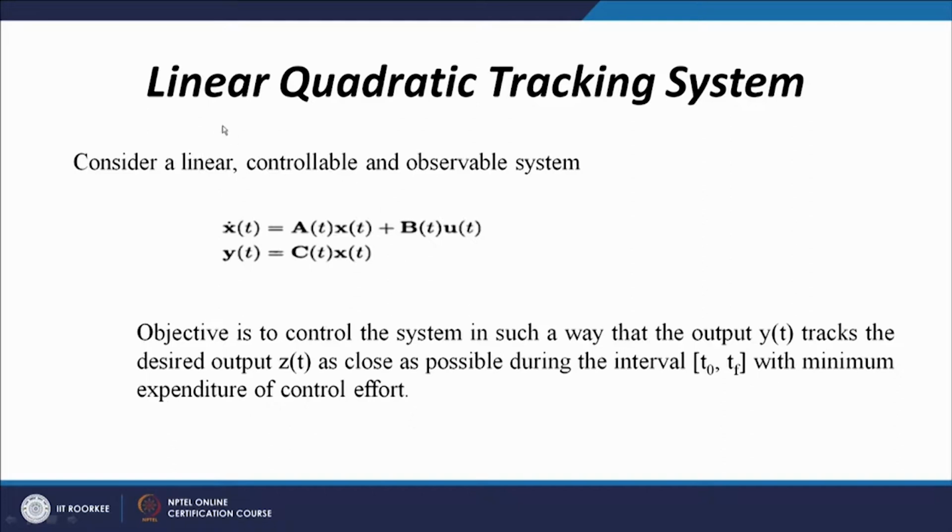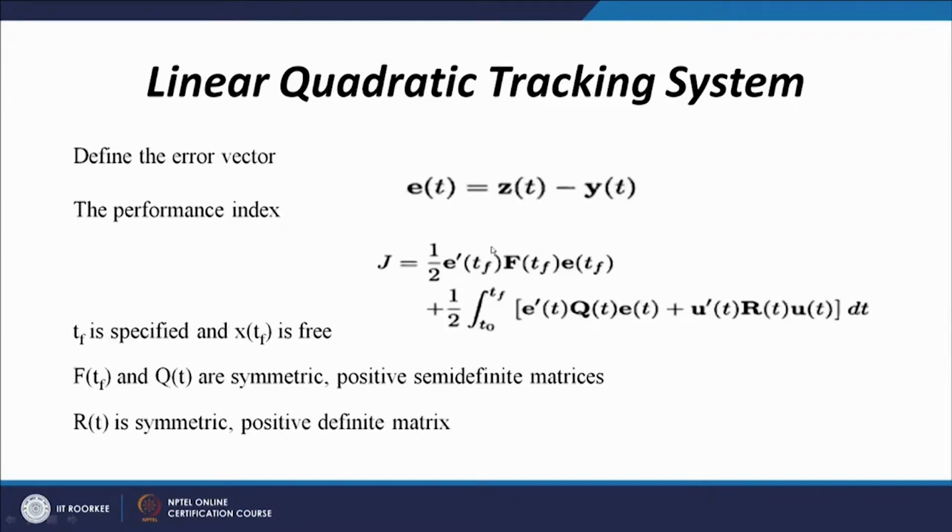So we can formulate the problem as: given the plant x dot equal to A x plus B u, y equal to C x, with A B controllable and A C observable, we are trying to find the optimal control law which will track the desired output z t in a defined interval of time with minimum expenditure of control effort by minimizing a given performance index.